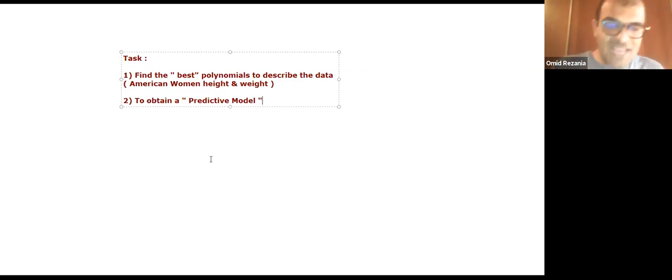This is going to be our task. We finish part 1 today and part 2 tomorrow. That's why remember this word, predictive model. Predictive model is essentially the thing that we are going to have lots of fun with.